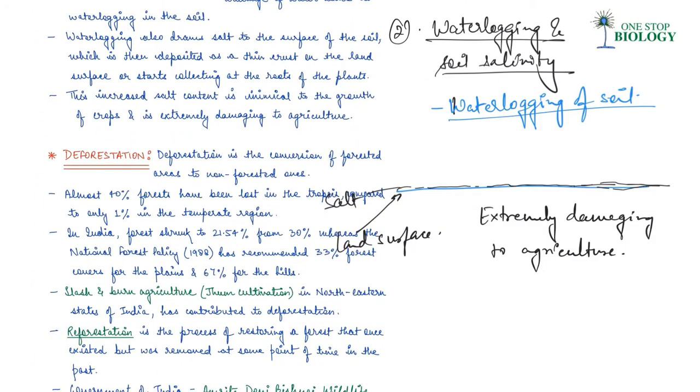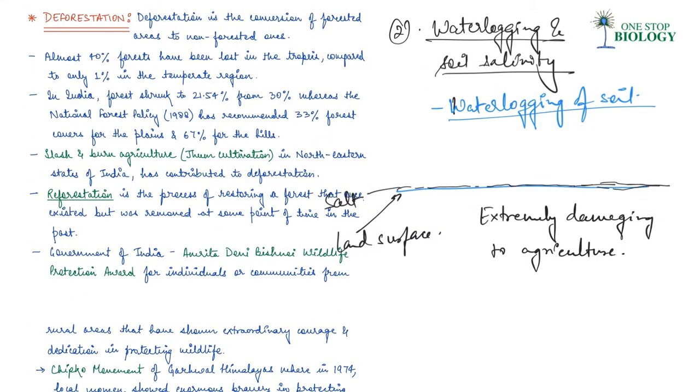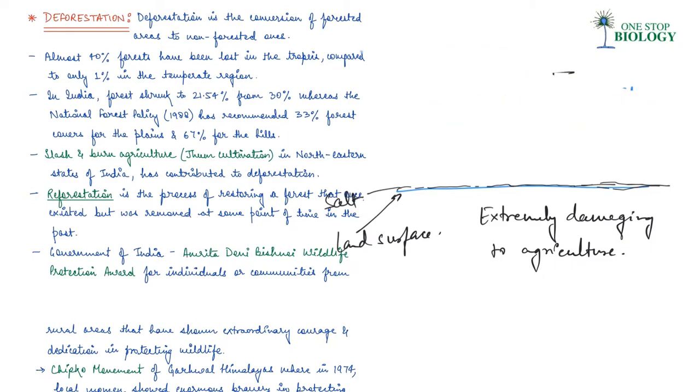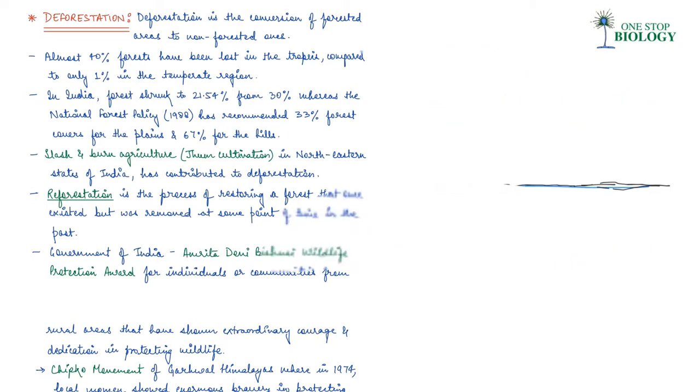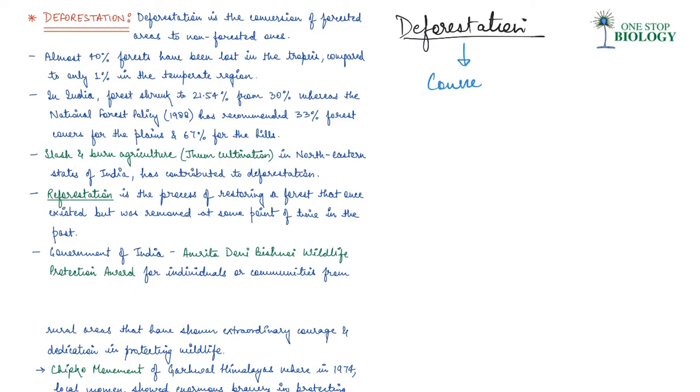Now, let's see what exactly deforestation is. Let's understand the concept of deforestation, and also let's see the causes behind this. So, guys, if I talk about deforestation, what does it mean exactly? Basically, deforestation is conversion of forested area to non-forested ones.